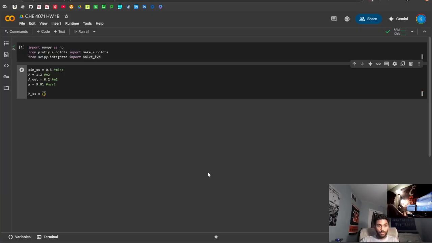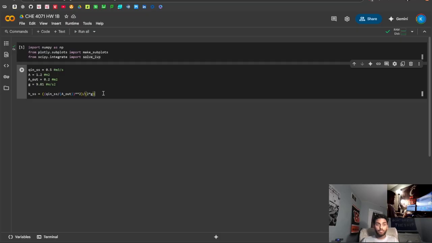So putting that in, we have our Q in at the initial steady state divided by our area of the outlet, squared, and this is all over 2 times g. All right, so now we have everything that we know so far in terms of our process parameters.